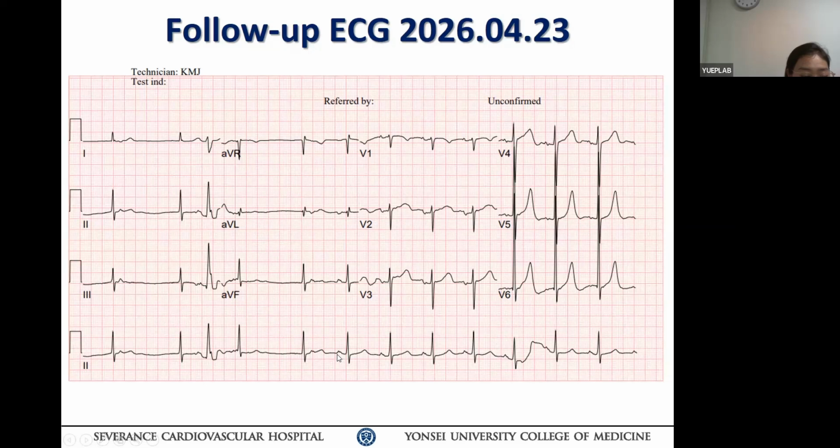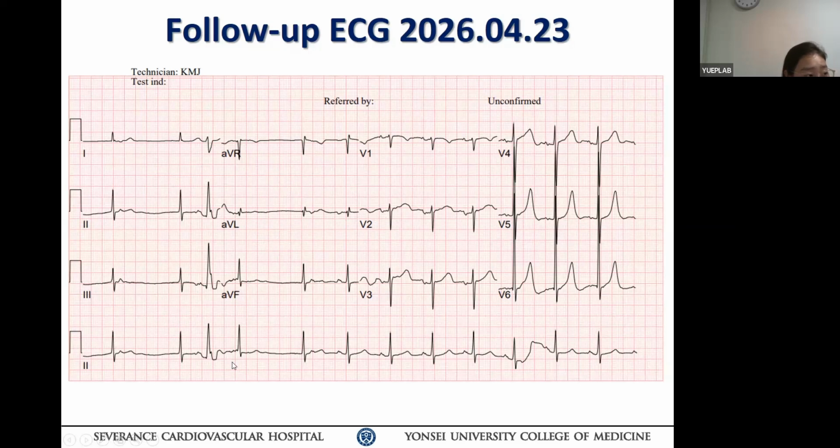The interval from here to here is different. So maybe this could be a non-conducted APC and this could be the sinus rhythm. It keeps going on like this. In summary, the patient still shows the junctional beat, but I guess the patient also shows some sinus rhythm in the later part of the ECG.